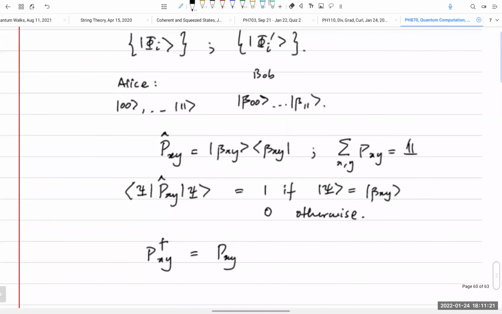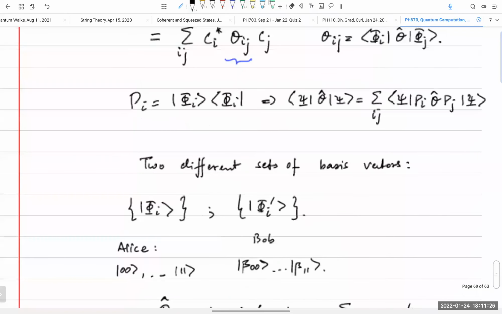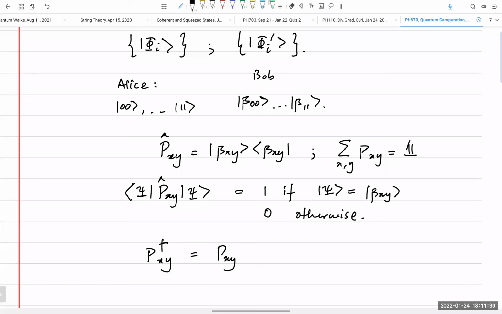So one can just take the expectation value of a projection operator, right? And if it's 1, that means the state that Alice sent to Bob was precisely the one which corresponded to this state. Otherwise, you get 0.